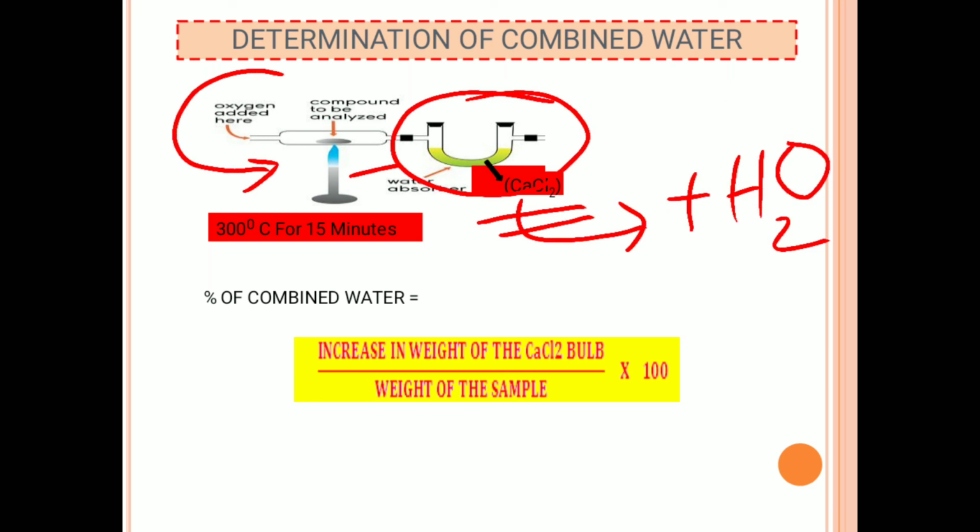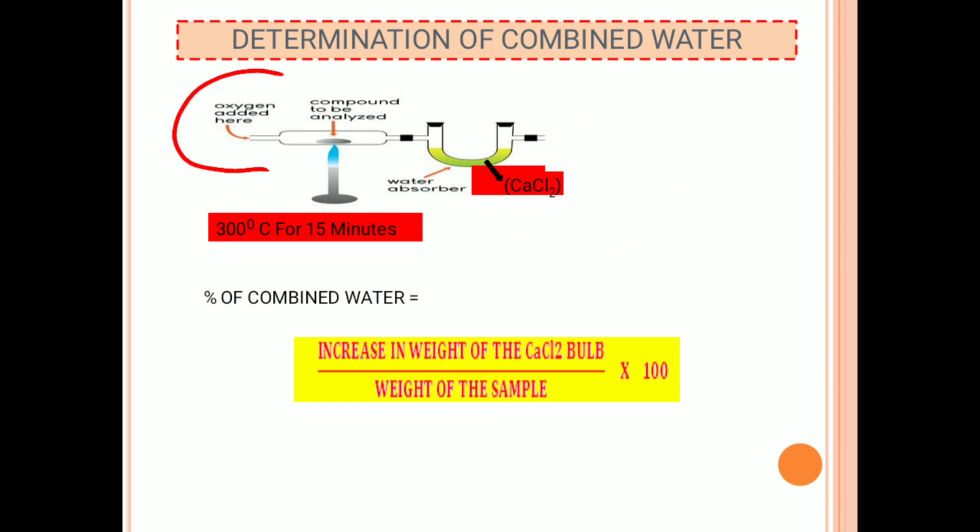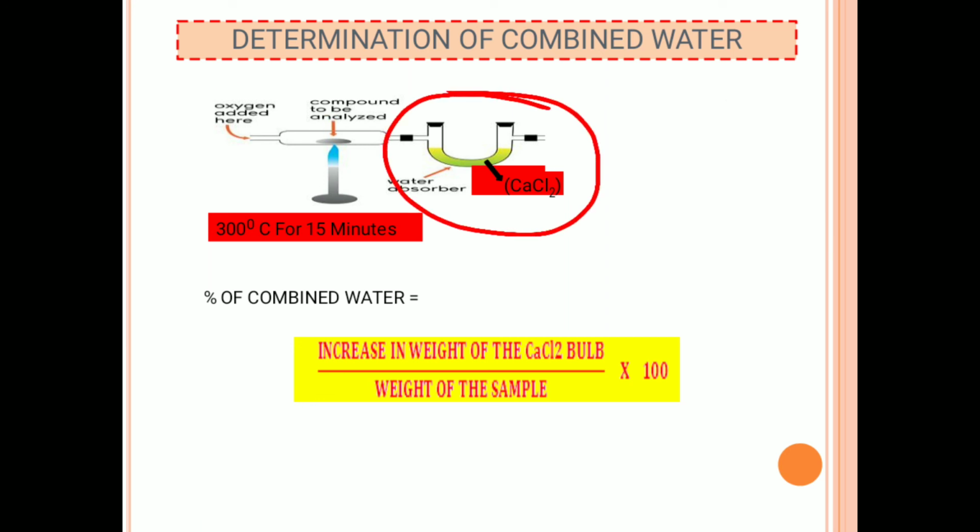As you heat this material in the presence of oxygen, the combined water will come out. As it is a closed apparatus, the combined water released from the iron ore sample will go through this bulb which contains CaCl2 in it.